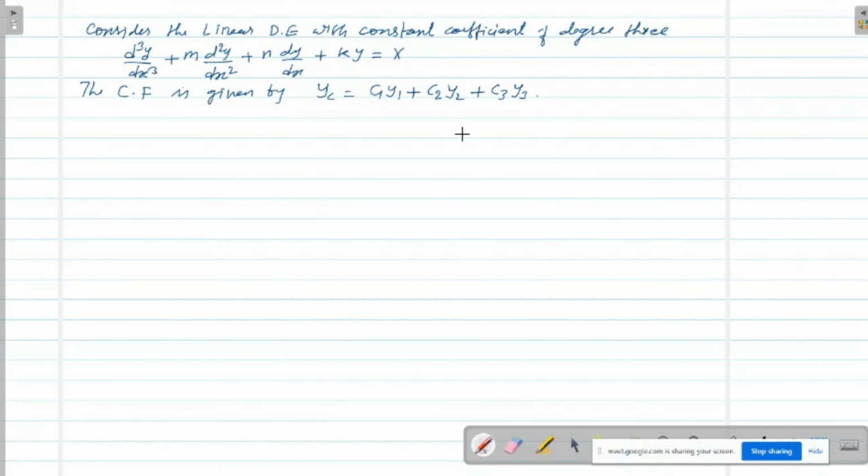Okay, let us assume that the complementary function is given by this.